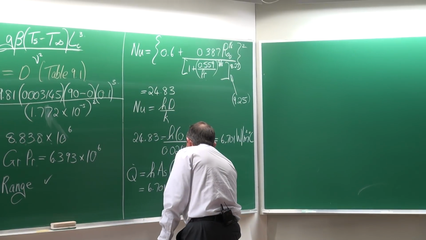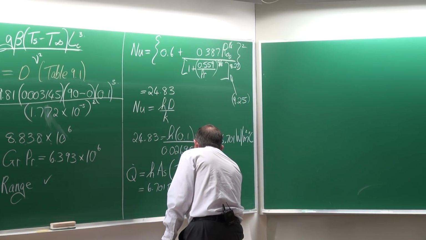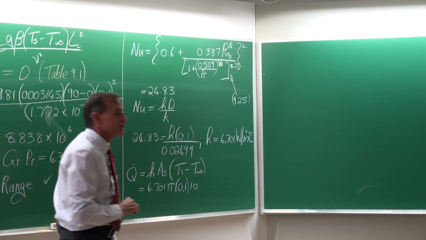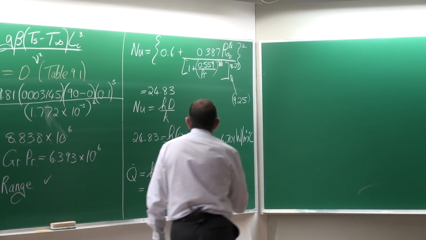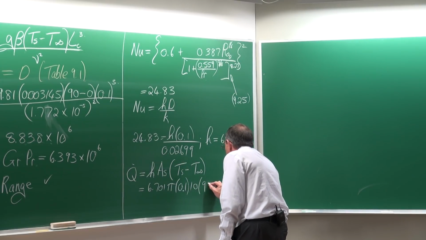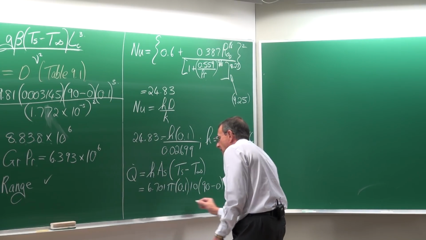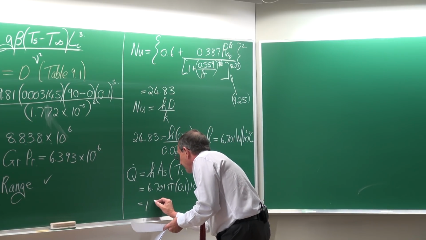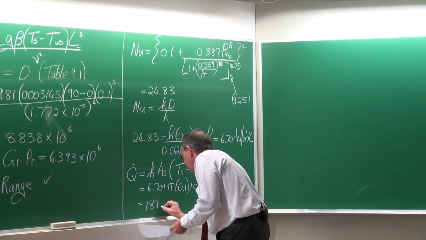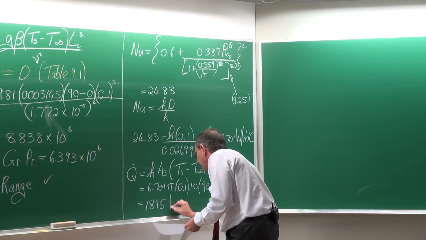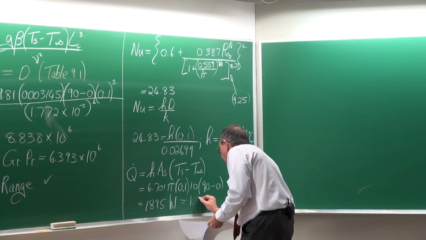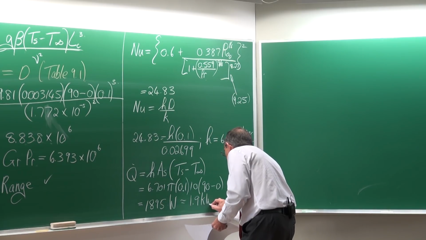It is equal to pi multiplied by the diameter, which is 0.1, multiplied by the length, which is 10 meters, multiplied by the temperature difference, 90 minus 0, and the result is a heat transfer rate of 1,895 watts, and that is approximately 1.9 kilowatts.